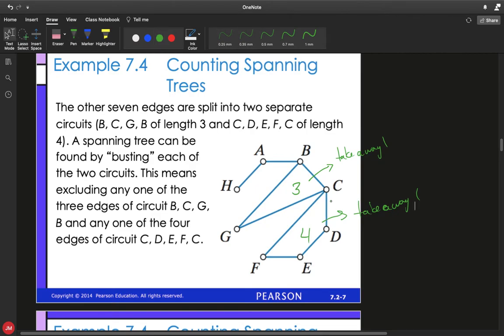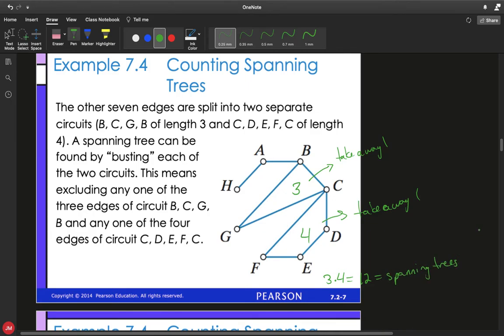circuits, and then we should have our redundancy be 0, which means that our graph is a network and a spanning tree. Now, because there are 3 that we could take away here and 4 that we could take away here, that means that 3 multiplied by 4 is 12 possible spanning trees that we could have.